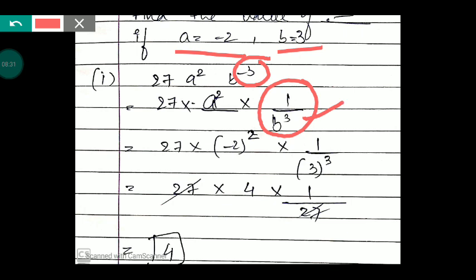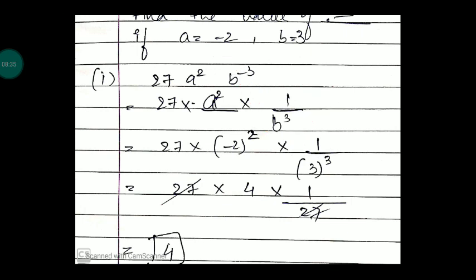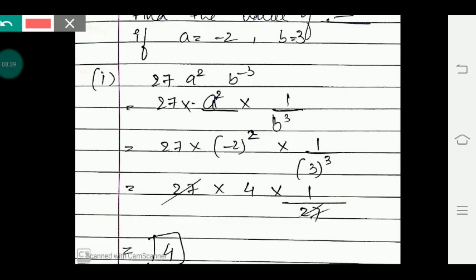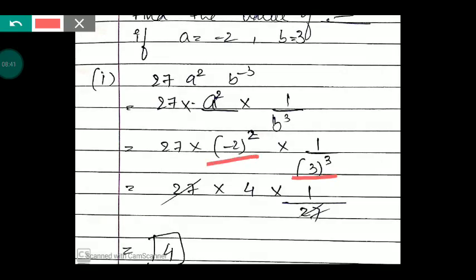So the power becomes positive. Now we will keep the values of a, minus 2, and b, 3, in these places. Minus 2 into minus 2 is 4, 3 cube is 27. Cut this and get the answer 4.